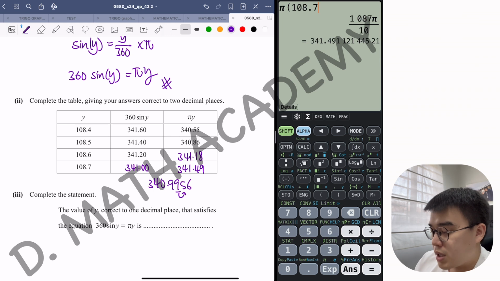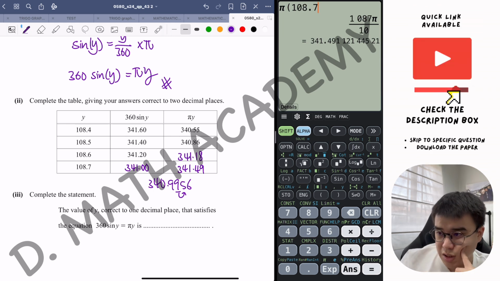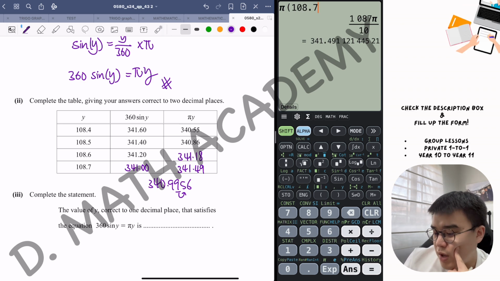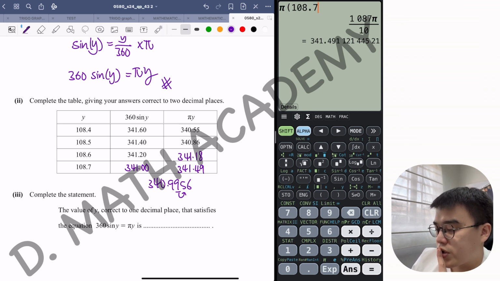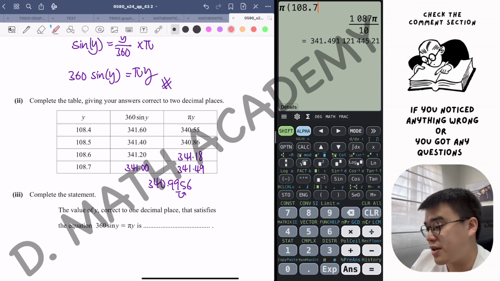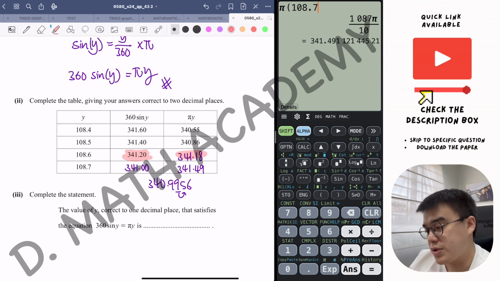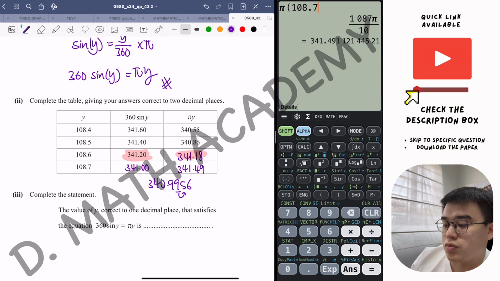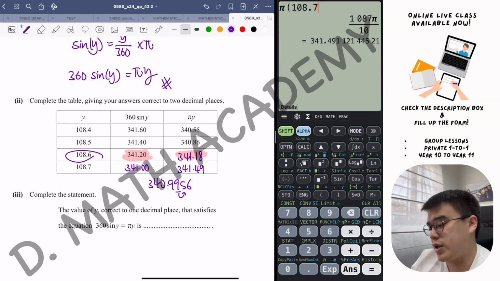So part 3, what are they actually asking? The values that will be exactly the same will actually be this and this, because they both will be rounded to 341.2. So the answer for y is actually 108.6 lah.